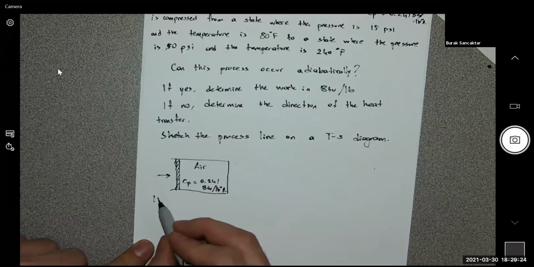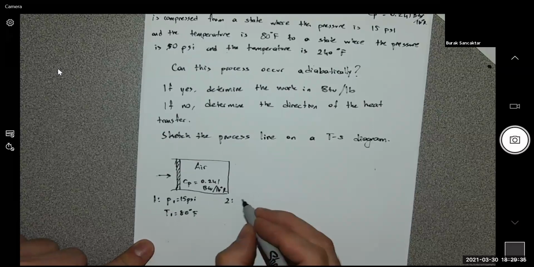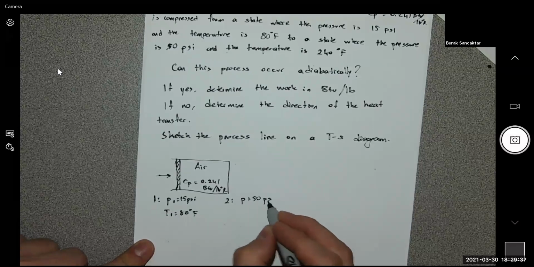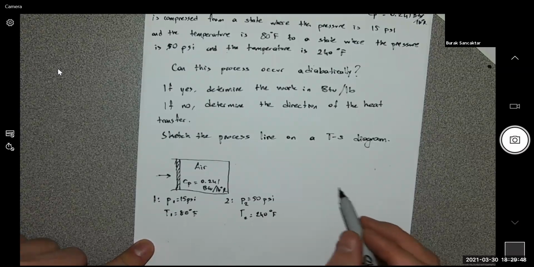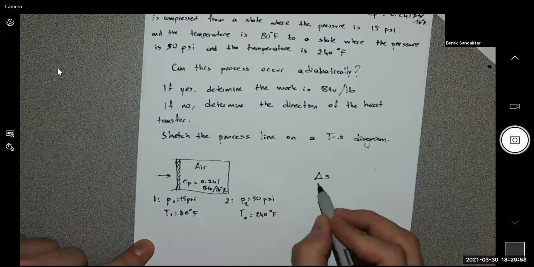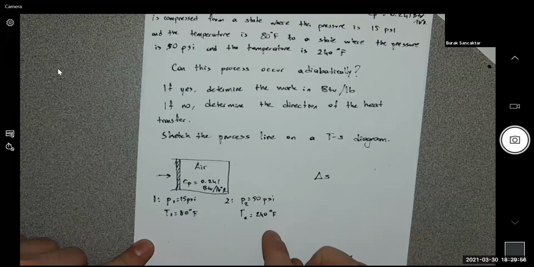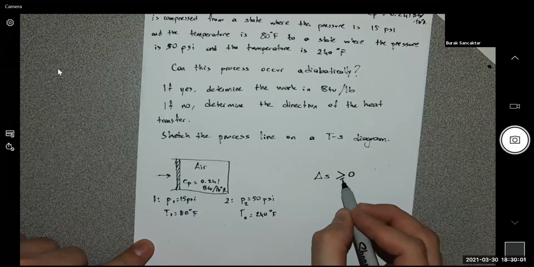The system goes from state 1 to state 2, where pressure is 15 psi and temperature is 80 degrees Fahrenheit, to a state where pressure is 50 psi and temperature is 240 degrees Fahrenheit. What condition must be true for this process to occur adiabatically? I know from previous lectures that delta S, the entropy change from state 1 to state 2, should be higher or equal to 0 at best.